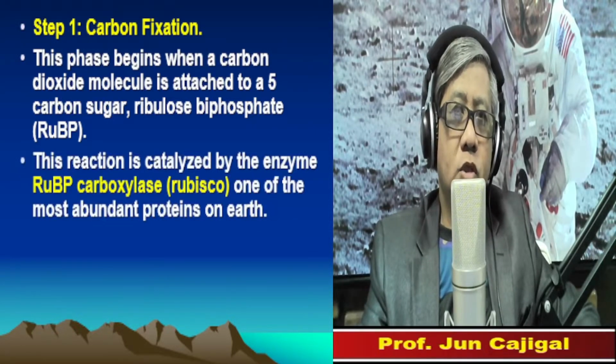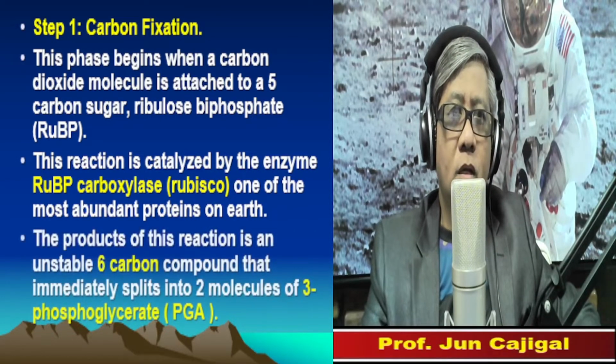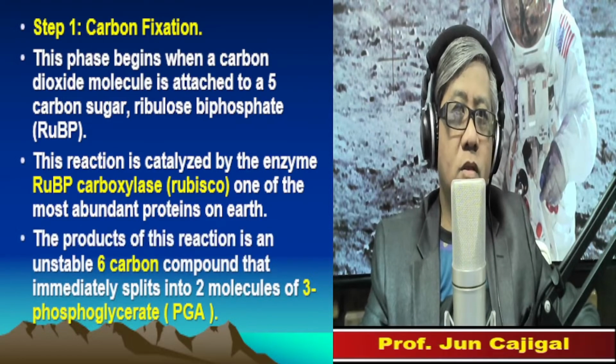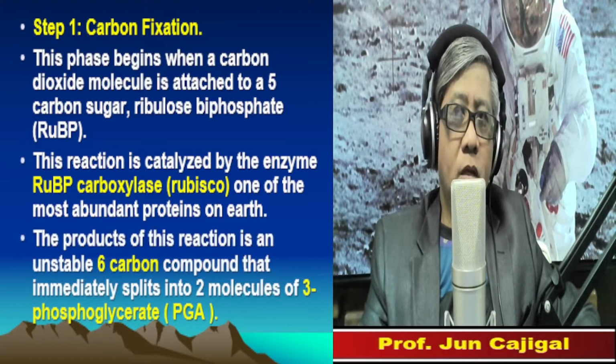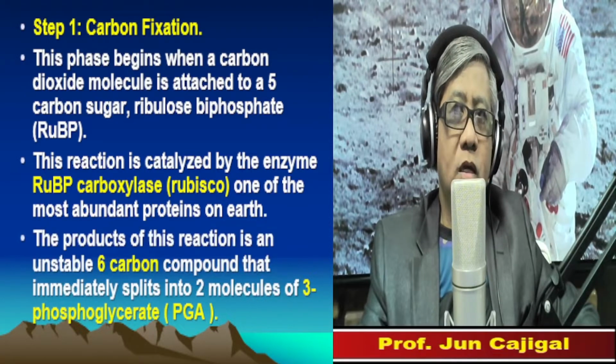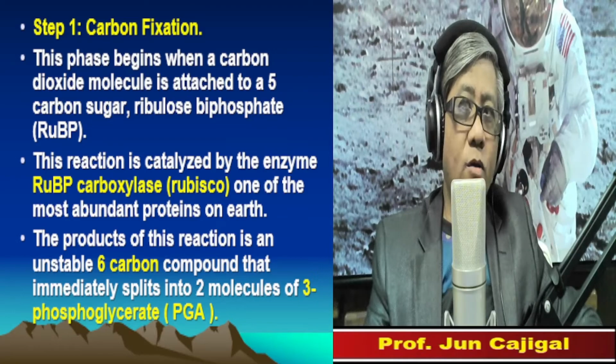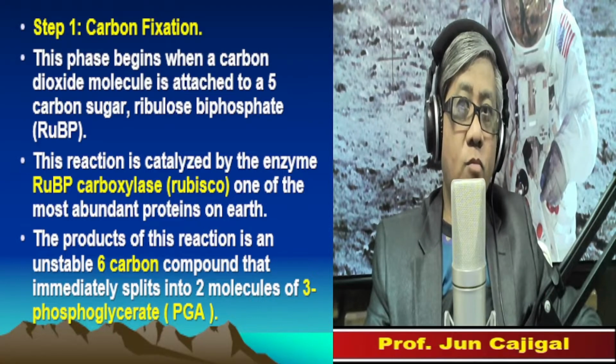And Rubisco is one of the most abundant proteins on the planet. The product of this reaction is an unstable 6-carbon compound that immediately splits into 2 molecules of PGA or phosphoglyceric acid. Well, I hope everything is clear about step 1 or carbon fixation.